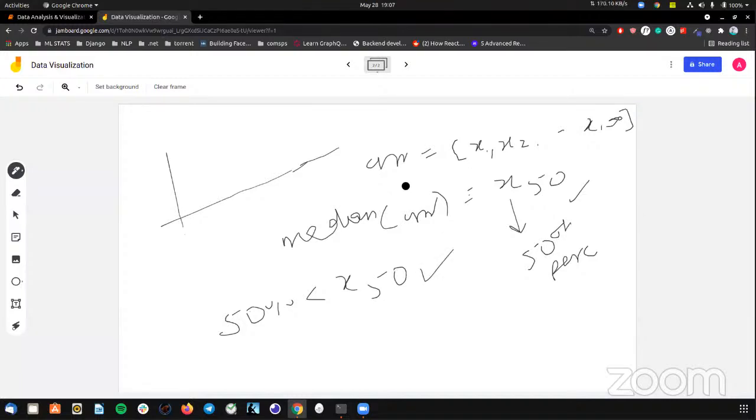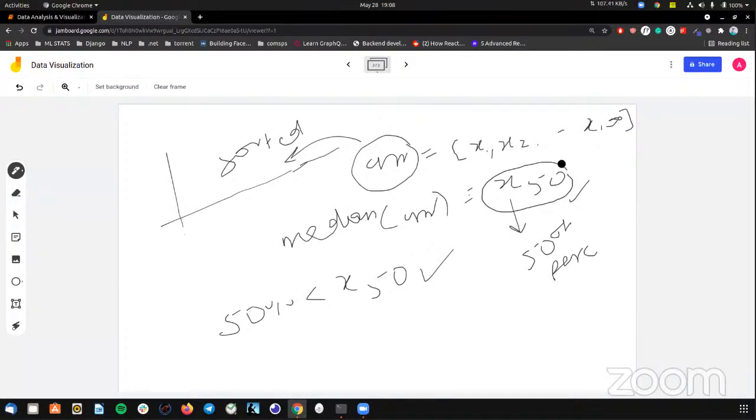Remember, this array is a sorted array that consists of numerical values. When you go to find the median of that array, you will be finding x50 in the middle of it. That is how we calculate the median.